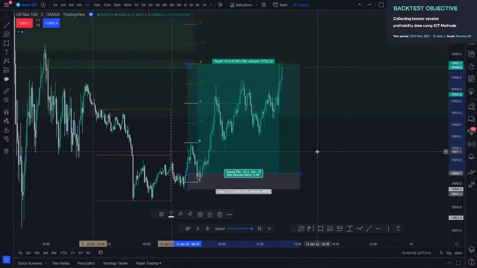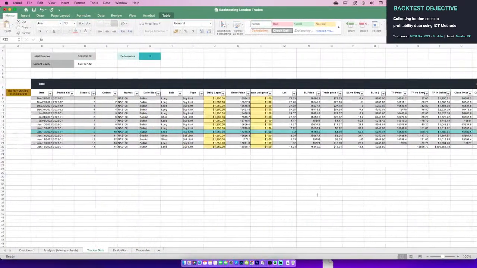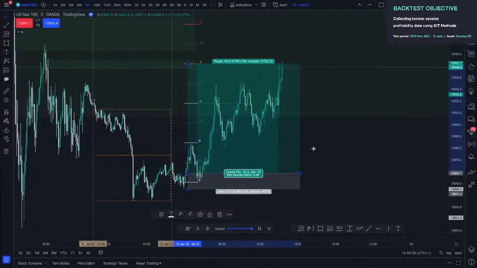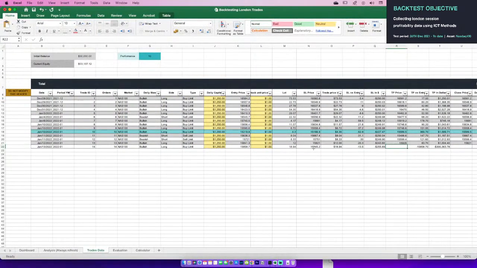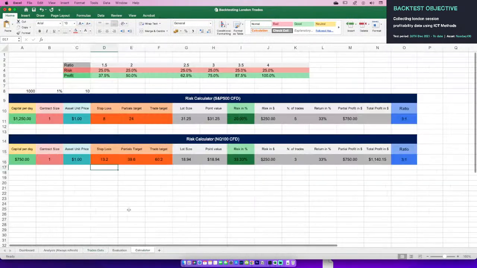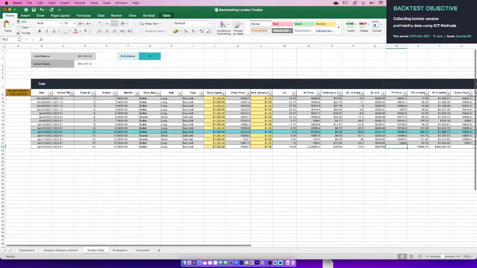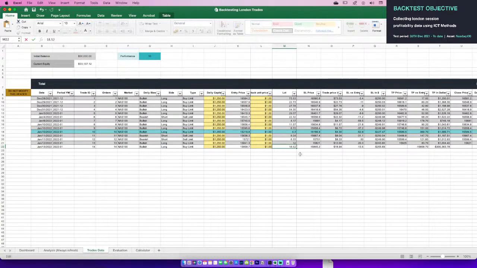Oh, something is wrong. What's this? 15,845.2. It's 13.5. What did I put here? 13.2. Okay. 18.52. What size? 18.52. Okay, that's about right. That's more like it.